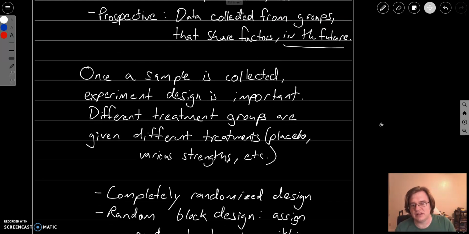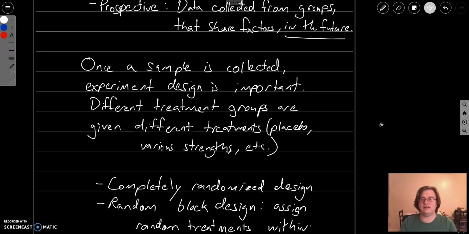Once a sample is collected, then you can begin to look at the actual experiment itself. So this is moving away from observational studies back to experiments. When you have an experiment, it is important to have different treatment groups. For instance, if you're studying the effect of medicine on a group of people, you not only want to give some people the medicine to observe the results, but you also want to know what happens if you don't give people that medicine.